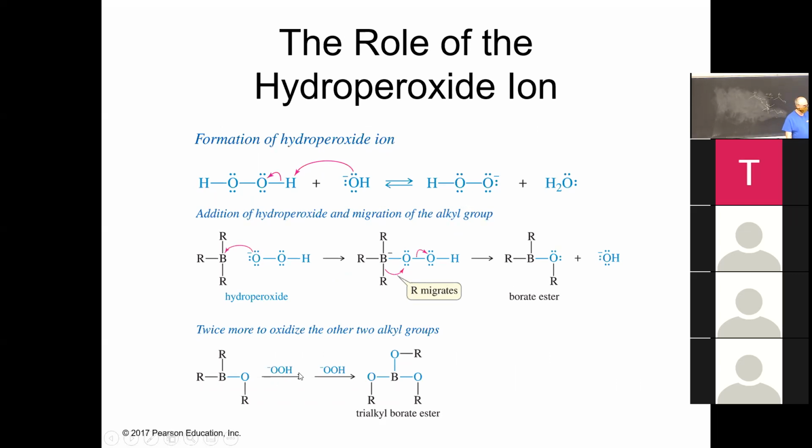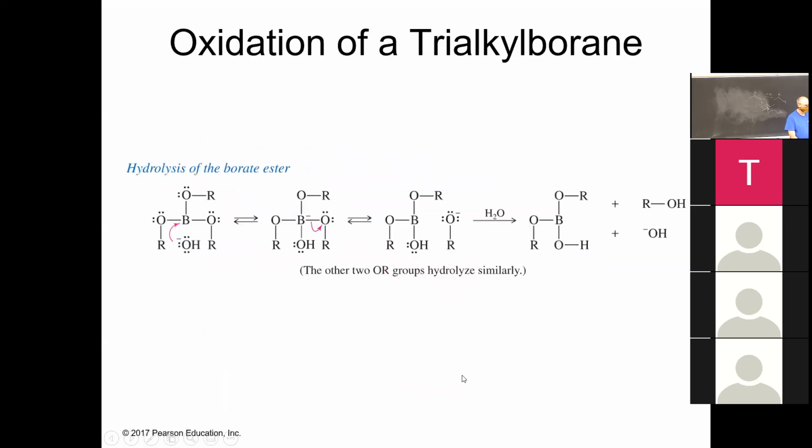And then this happens 2 more times. We get a trialkyl borate ester. And then hydroxide attacks the borate ester, kicks out the OR minus. This happens 2 more times. And we end up with the 3 alcohols.